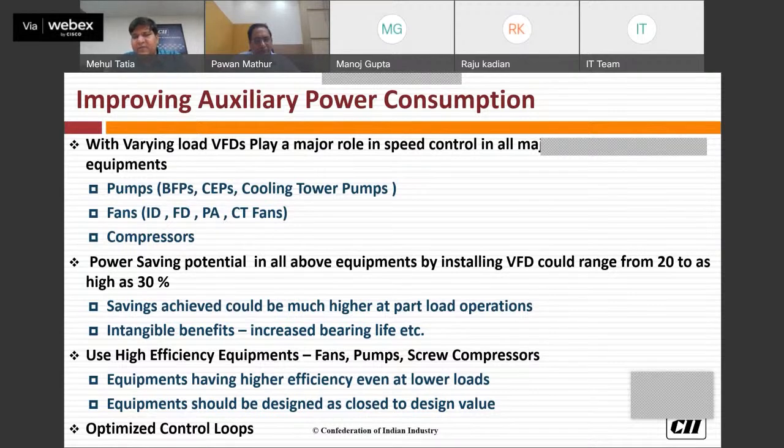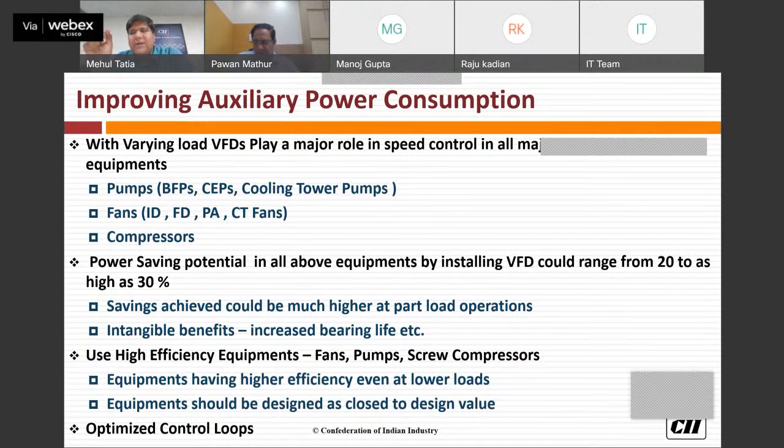Another point which is sometimes not properly implemented in some plants is the control loops. You have installed VFDs, but what is the actual control philosophy behind it? For example, in drum level control, what people do is give a discharge pressure command to the VFD.